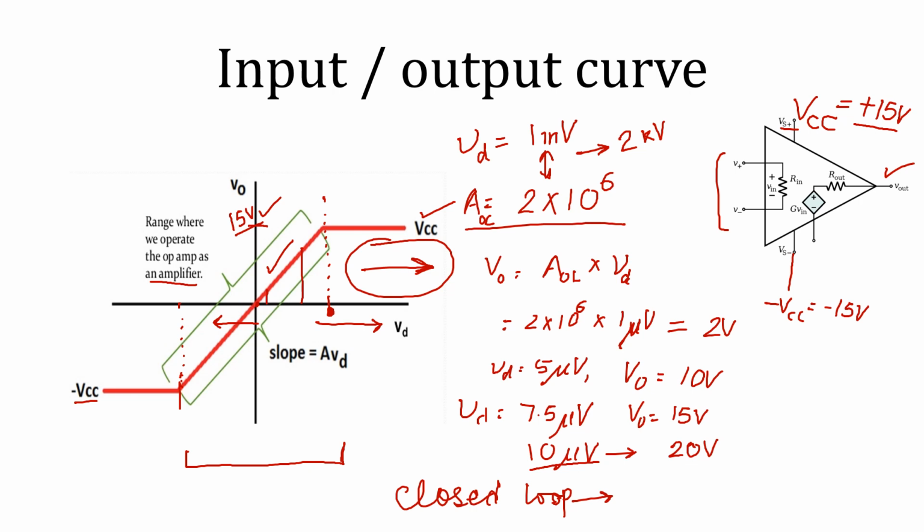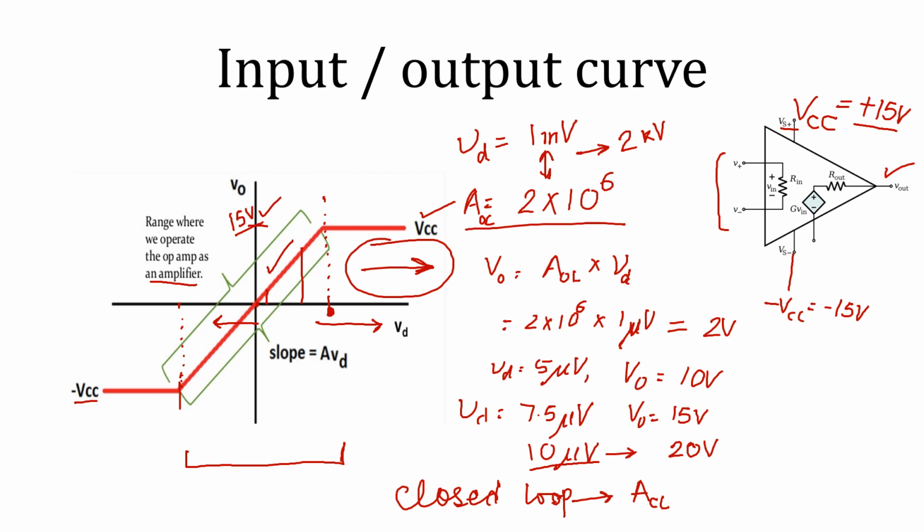When it is in closed loop mode, its gain can be controlled. So closed loop, that is CL, can be redesigned as per your requirement, and that depends upon the additional circuitry that we connect outside this particular IC, that is R1, RF. We will use different resistors outside this OpAmp and we can design our own gain, but that will definitely be a closed loop or feedback based operational amplifier.